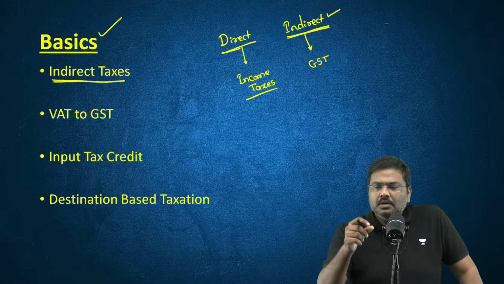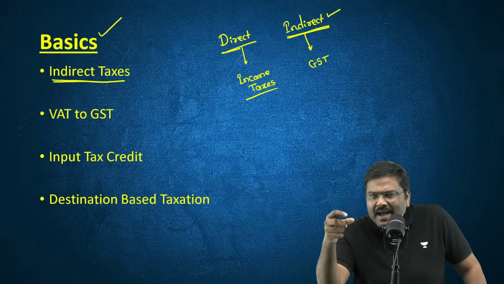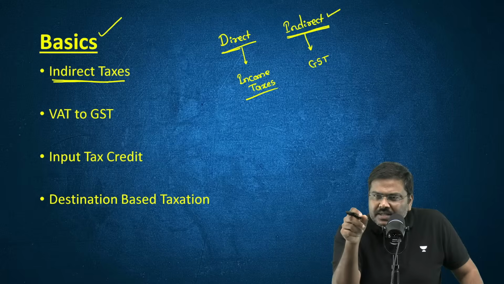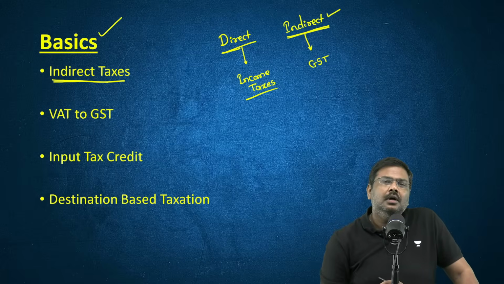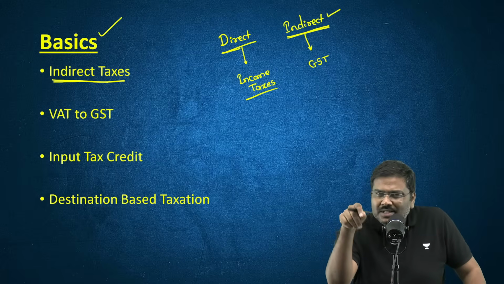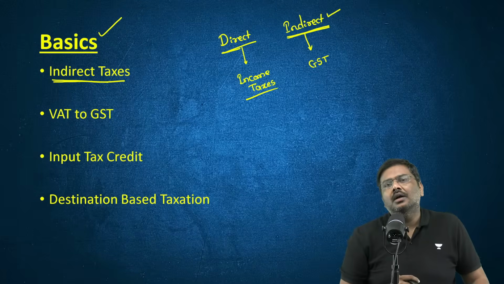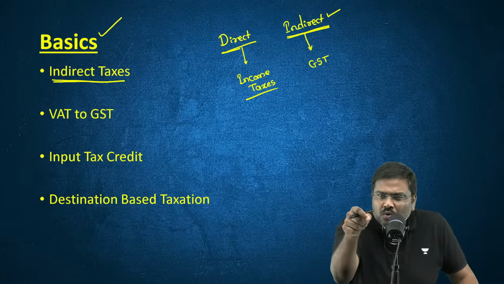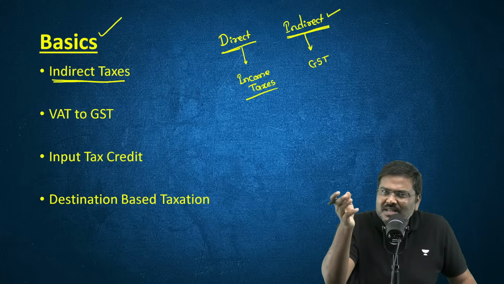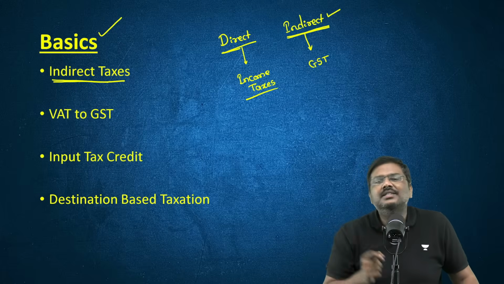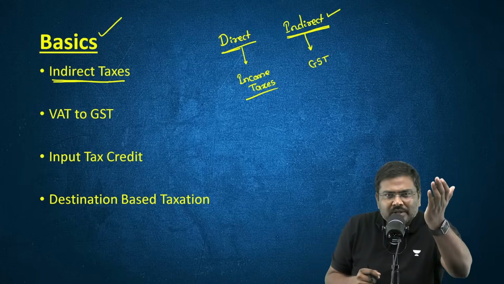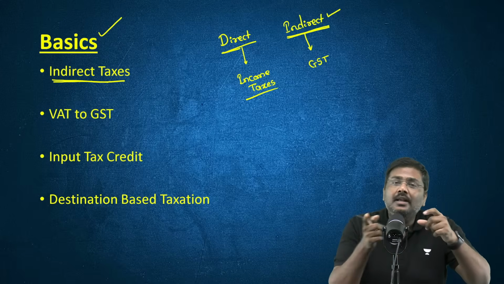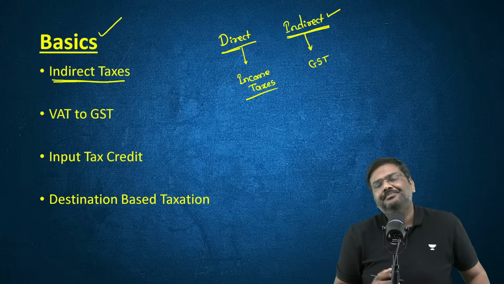Simple. The government of India will impose a tax on the shopkeeper. The government will impose the GST on the manufacturer. The government will impose a GST on the restaurant owner. But what they do is, when you go to the restaurant or the shop to purchase a good or a food item, when they hand over the bill to you, the bill, that is the market price, will be including the GST.